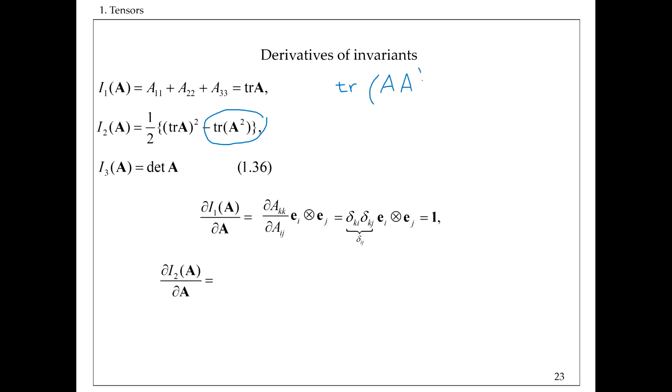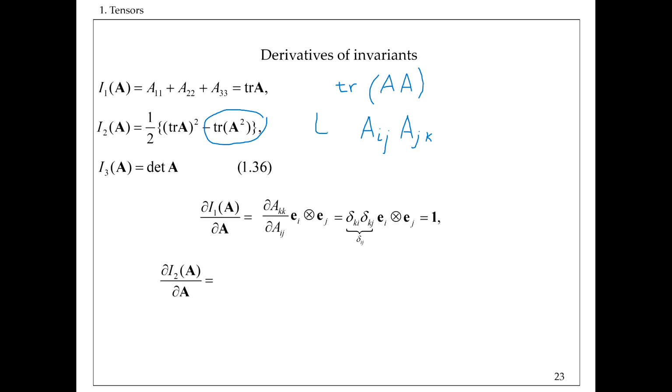In terms of the components, we'll have a_ij multiplied by a_jk, before we make it a trace, whatever is in the parentheses.